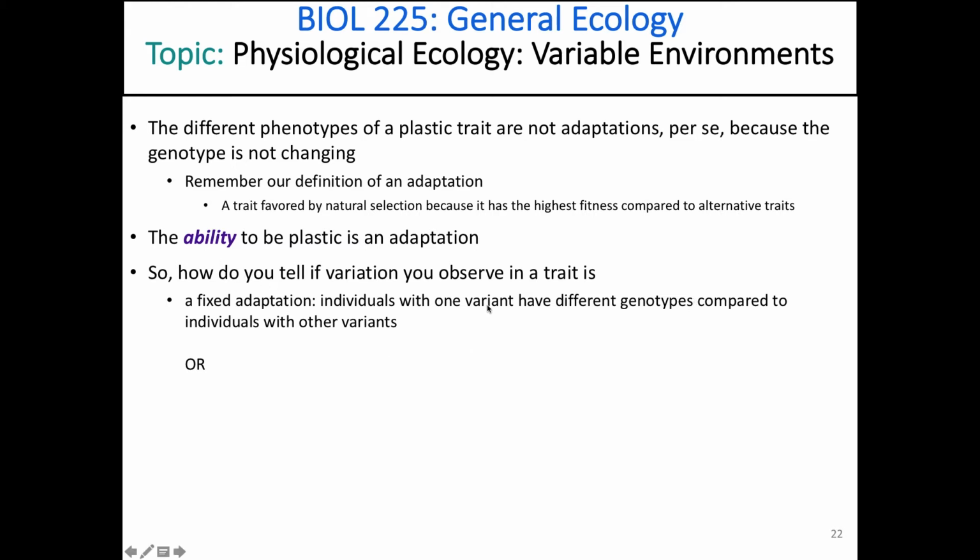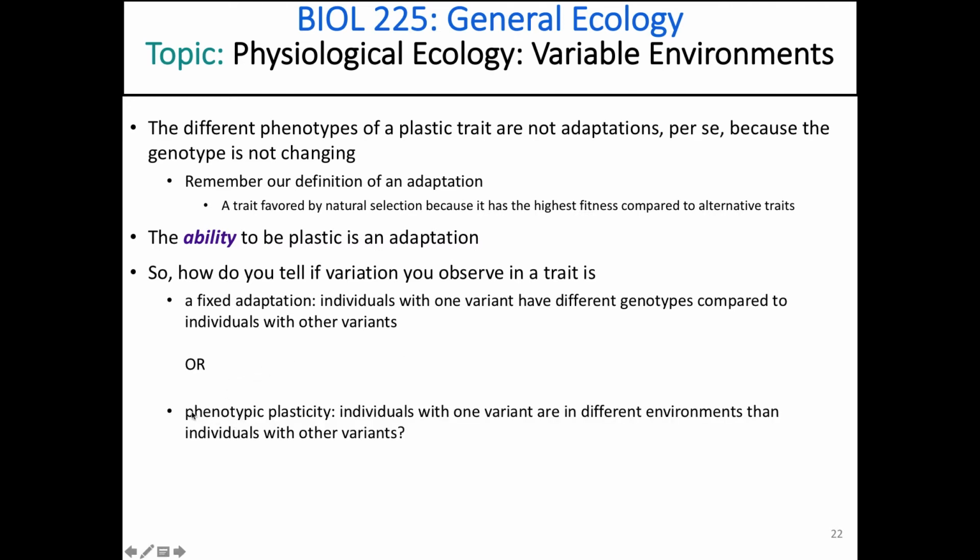You're trying to determine if the trait you're looking at is a fixed adaptation. Individuals with one variant have a different genotype compared to individuals with other variants. So in the hare example, if it were an adaptation, we would expect that the brown hares would have certain alleles for brown coat color, and the white hares would have other alleles for the white coat color.